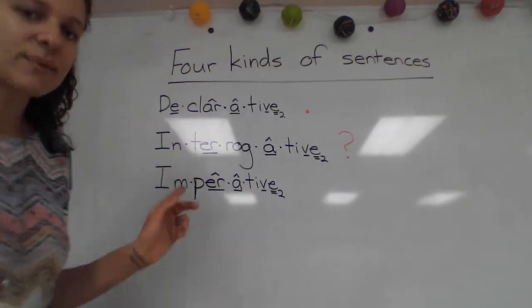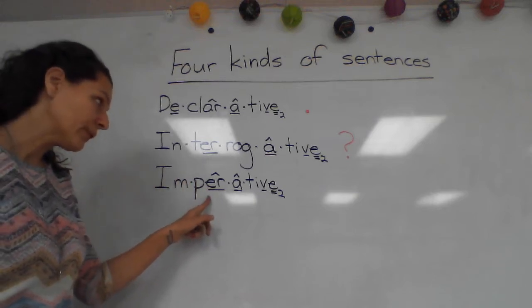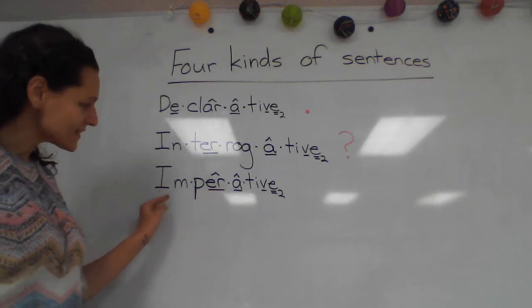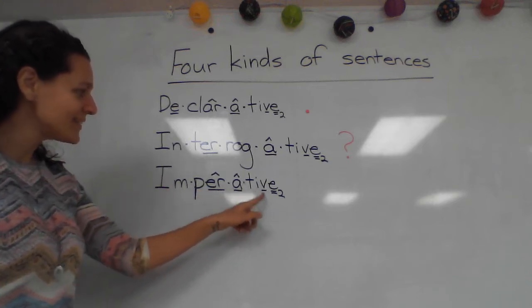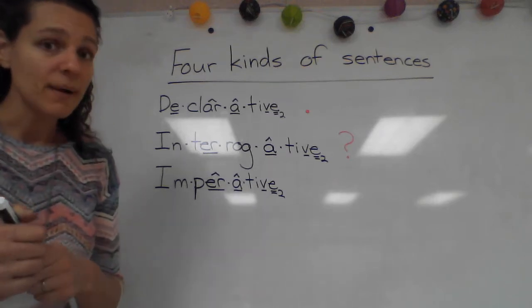All right, let's read the word imperative. This says per, that's why I put the hat there, tiv. It actually says imperative, but we say imperative. All right, so that's a bossy sentence.